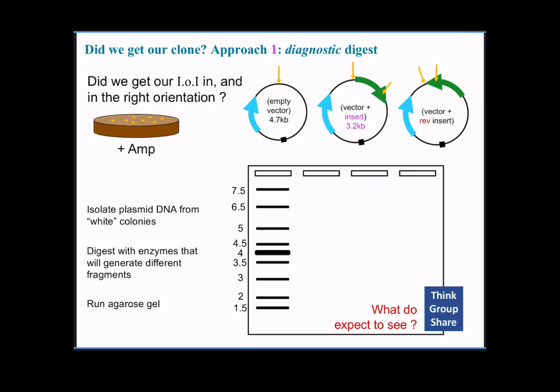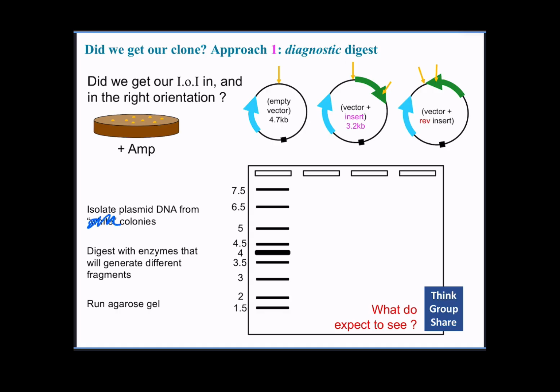Now, is it the right vector? That's what we need to determine with some molecular biology afterwards. So the idea here is we will let the bacteria grow and make many copies of the vector that they picked up, right or wrong. Then we'll isolate those plasmids from, never mind the Y colonies, I reordered the slides, that will make sense a little later.